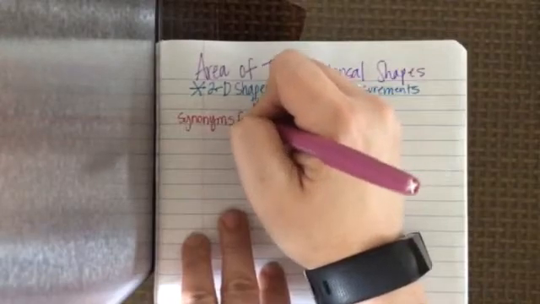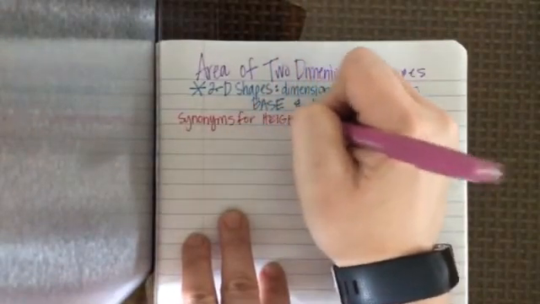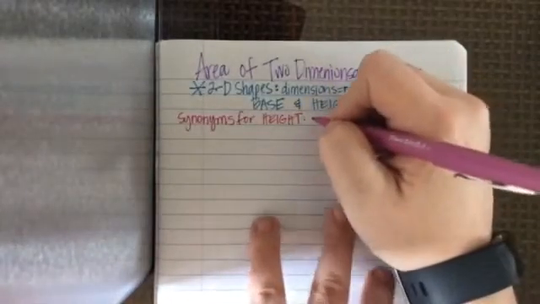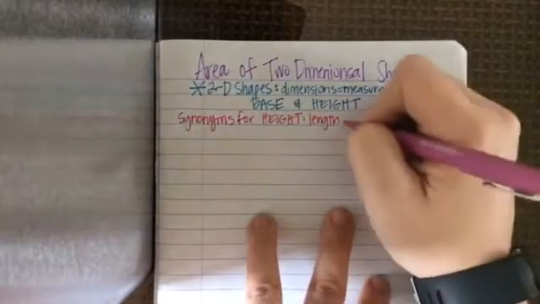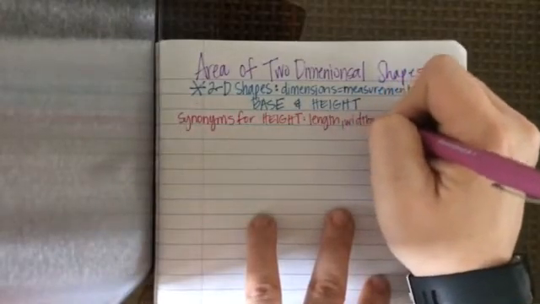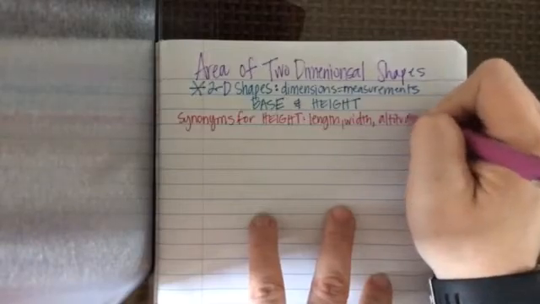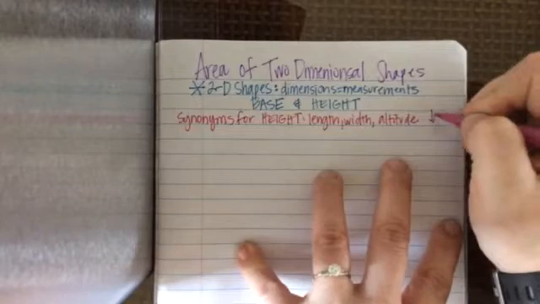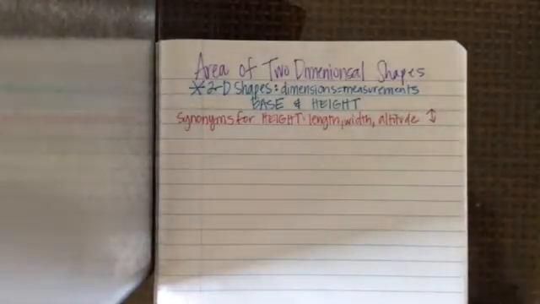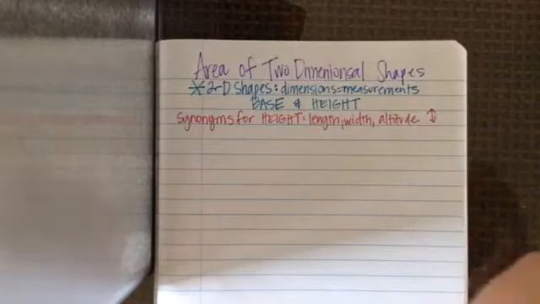Synonyms for height would be, sometimes you say length, sometimes it's width, sometimes we say altitude. All you need to know is that height is whatever goes up and down. Height is up and down, vertical.